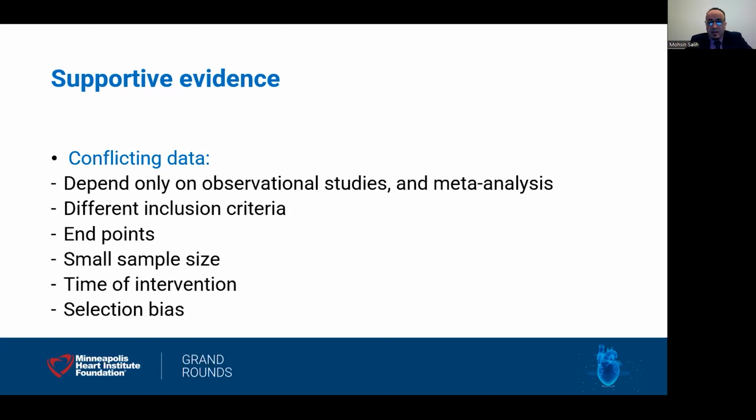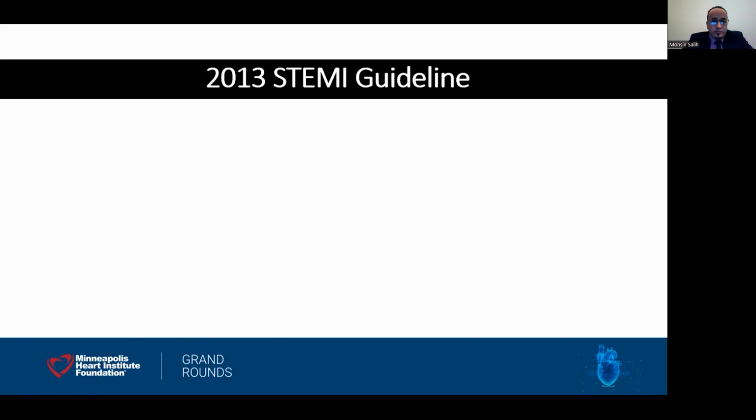Those studies had large heterogeneity, including different inclusion criteria and endpoints. The sample sizes were small. Some of them were done during the index procedure, some in the index hospitalization, and some were staged. And there was also selection bias because they treated only the sickest patients.